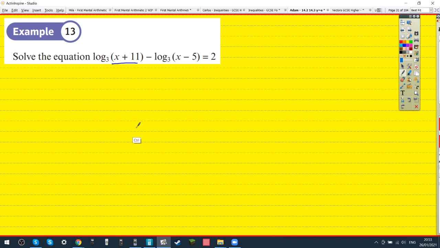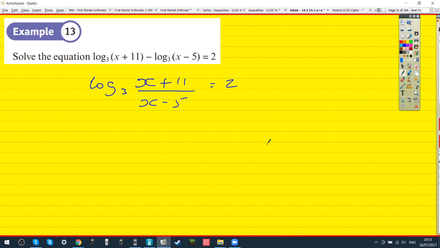So it's basically log base 3 of x plus 11, because it's in a bracket, divided by x minus 5. So it'll just be minus 11 over 5.